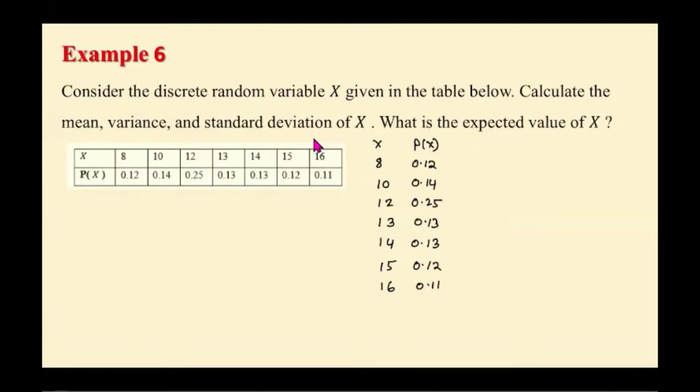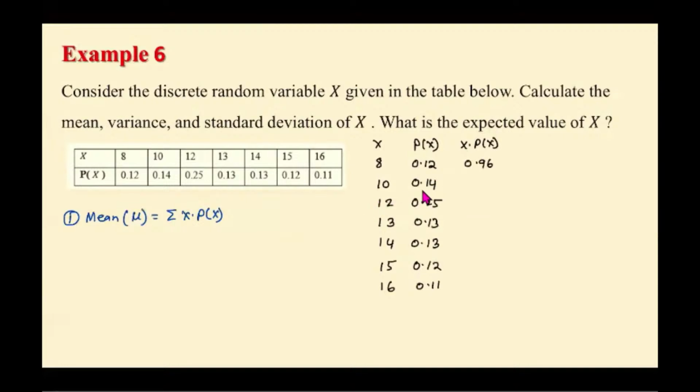The mean, denoted by mu, is the sum of x times p of x. Here we have x, here we have p of x. So we need to find x times p of x and add them together. In the next column, we need x times p of x. The first one is 8 multiplied by 0.12, which is 0.96.